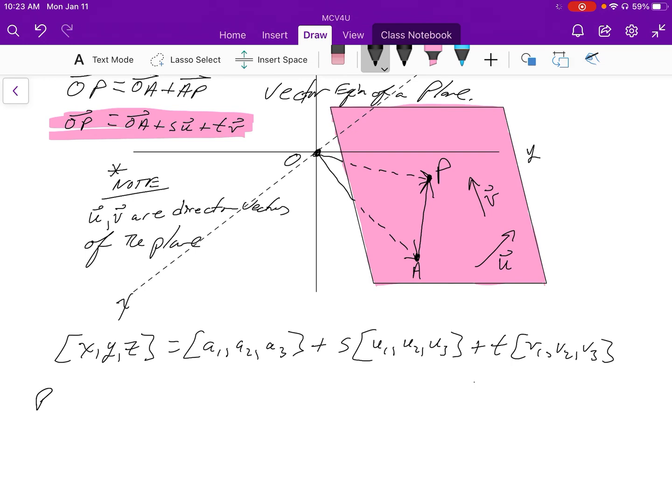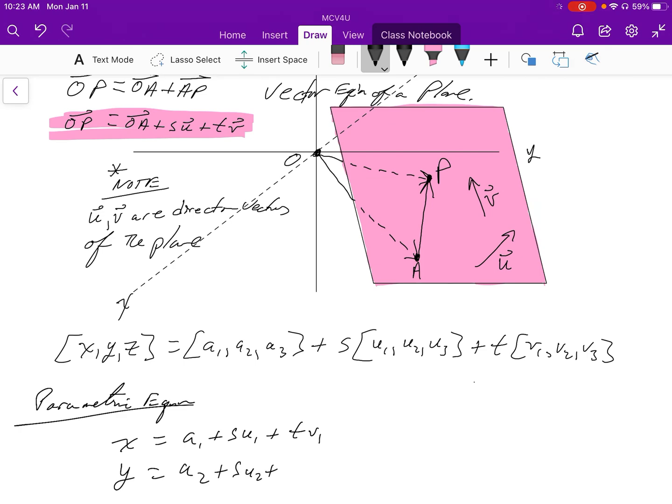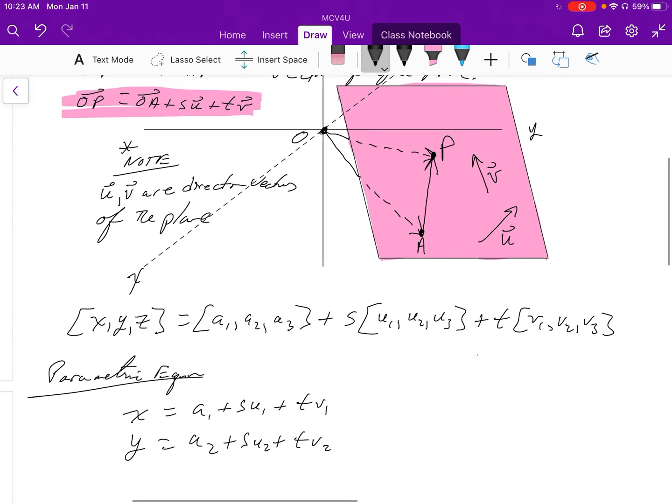Well, the parametric equations, again, we have 3 of them. They also have an extra term to them, right? The t v1. We have y equaling a2 plus s u2 plus t v2, and z equals a3 plus s u3 plus t v3.